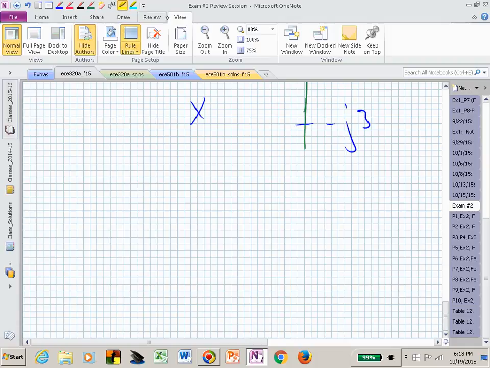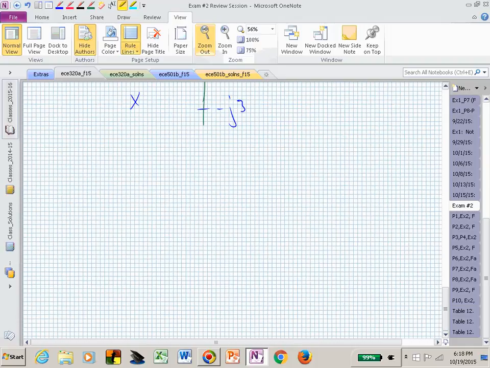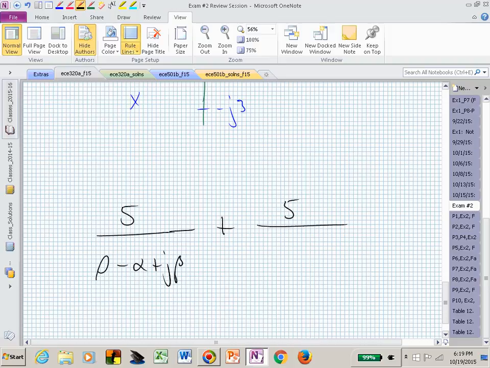So if our expression is like 5 over s plus alpha minus j beta, now you know that this has to come in conjugate pairs, right? So that this is going to be 5 over s minus alpha minus j beta.